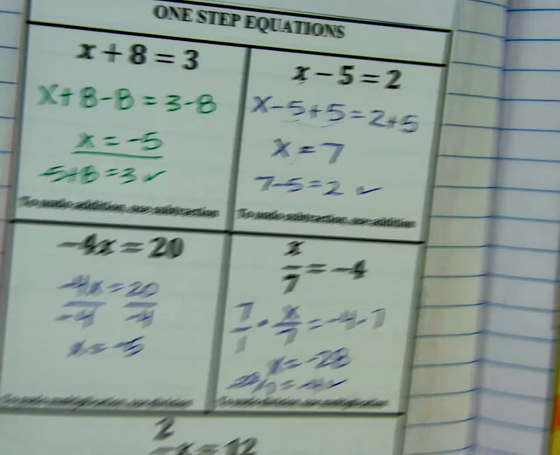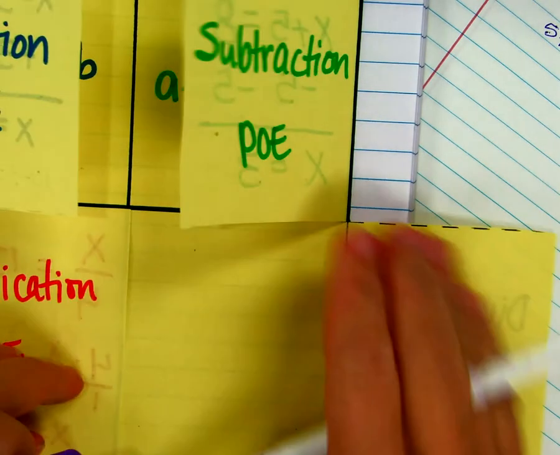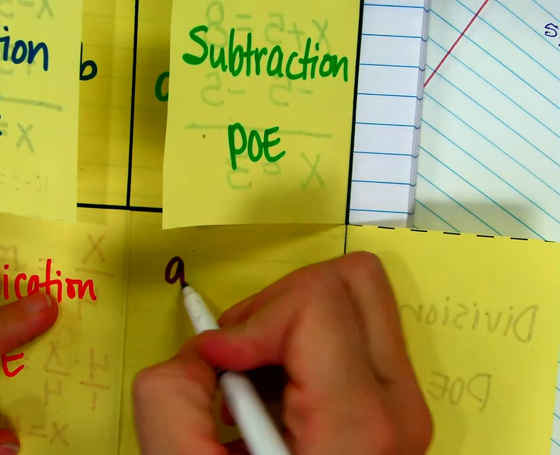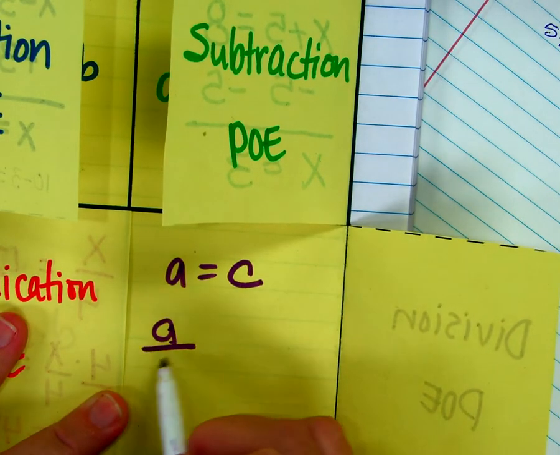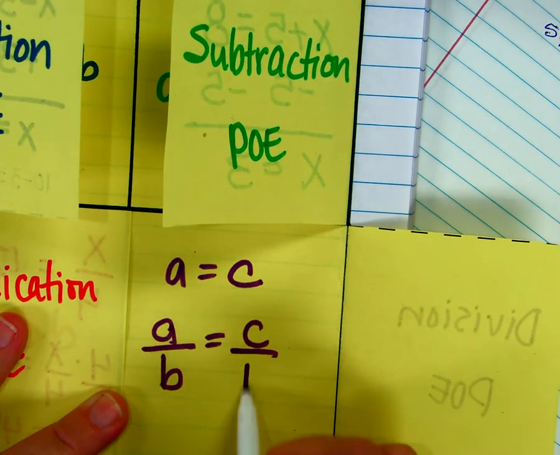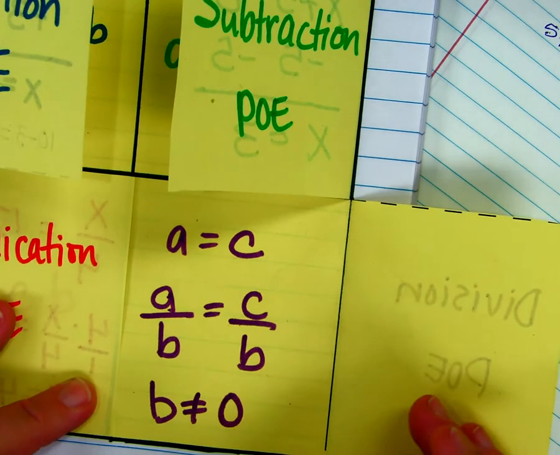So over here, the division property of equality says this. I have an equation, A equal to C. The division property of equality says I can divide both sides by B as long as what? B is not equal to 0.